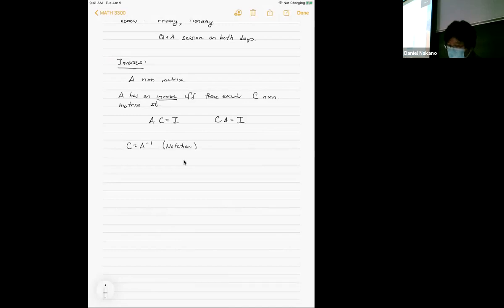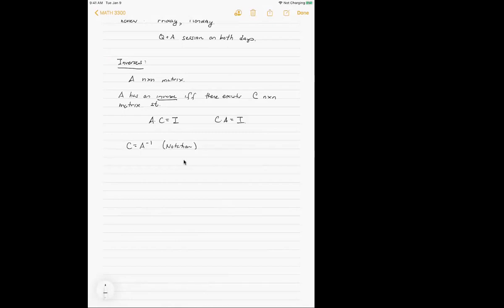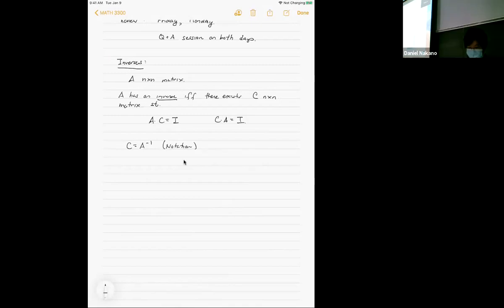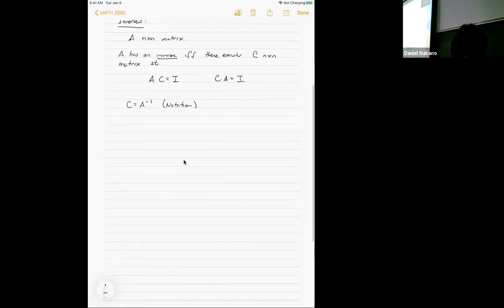All right, now last time we went over a formula for 2 by 2 inverses. And then we discussed how to find the inverse for arbitrary matrices.